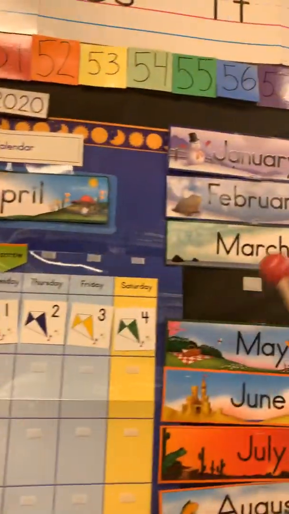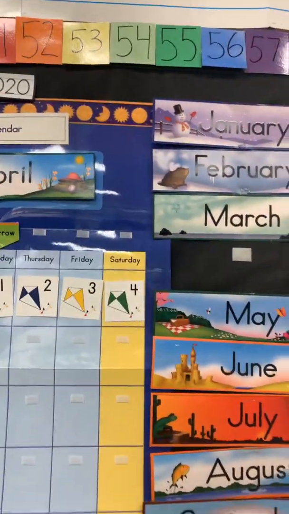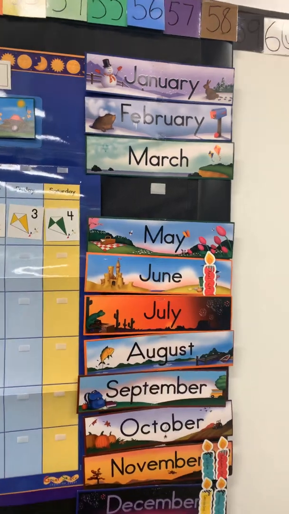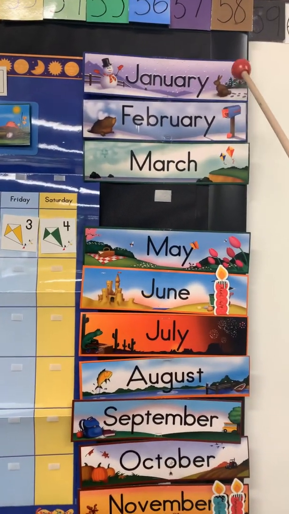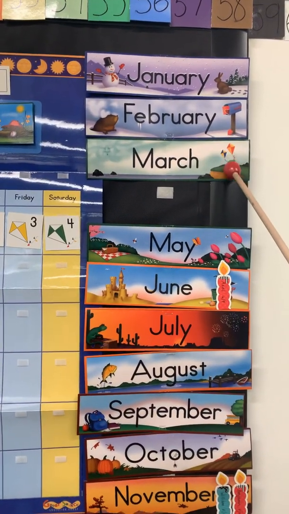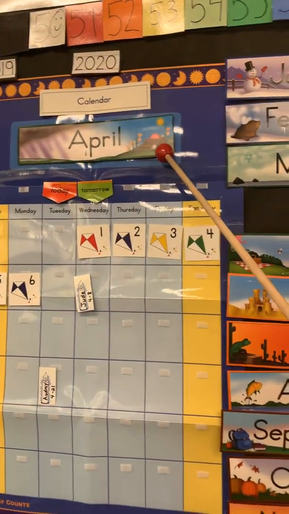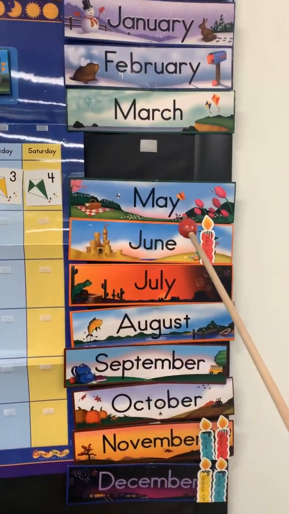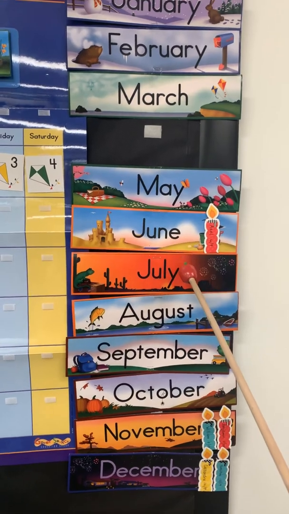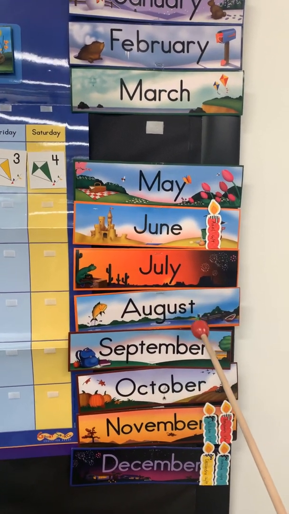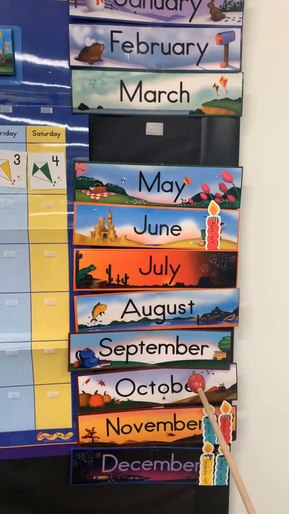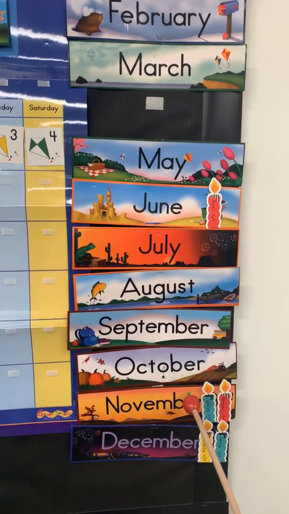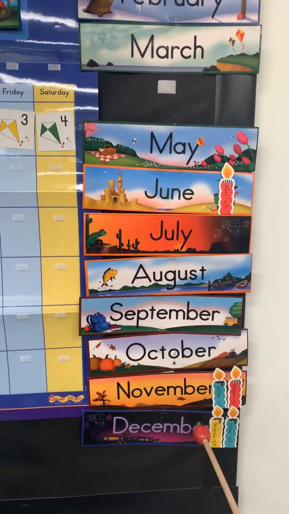So class, let's go ahead and talk about how many months are there in the year? There are 12 months in the year, and we'll say them. January, February, March, April, May, June, July, August, September, October, November, December.